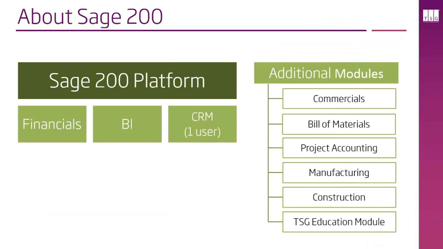So the ones that are available down the side, the first one and most popular is the commercials pack. What you get in there is sales order processing, purchase order processing, stock, and something called price book, which is basically price matrices and discount models and such like. We've got bill of materials, which is an extension to stock. So this is kind of a standalone entity, kits, packs, assemblies, and maybe basic manufacturing.